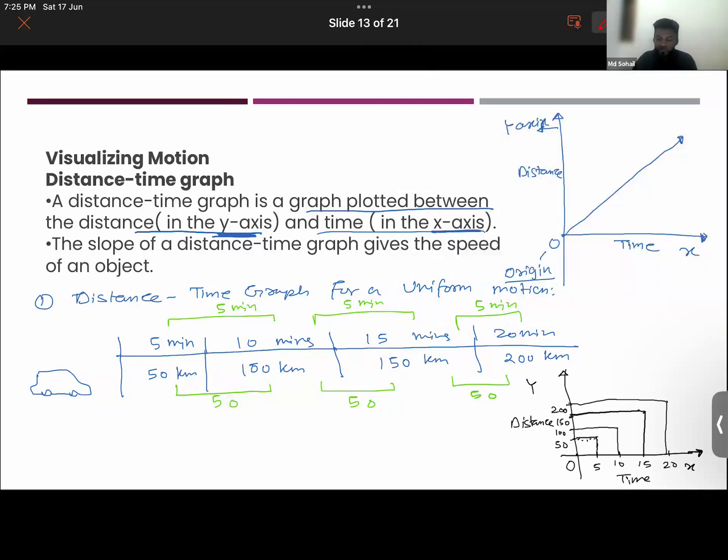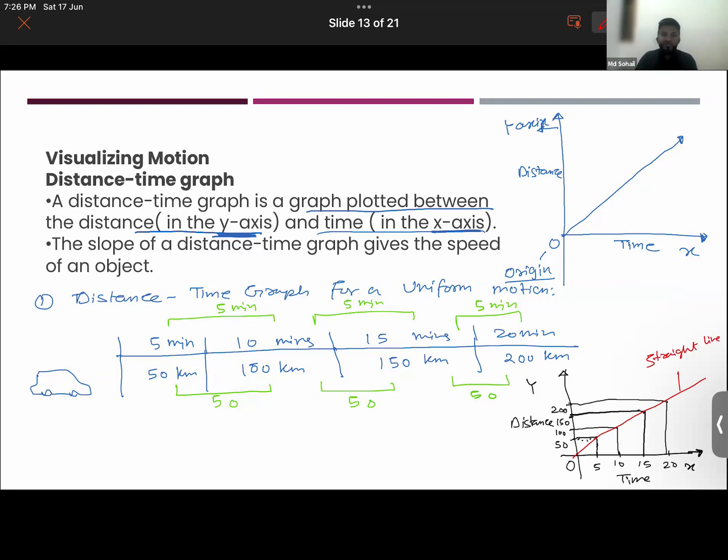If you were to draw a line from origin, yes, Mafaz, are you there? Yes, sir. If you draw a line from origin, you will get a straight line passing through the intersection of distance and time graphs. Right, Mafaz? So this is a straight line here.